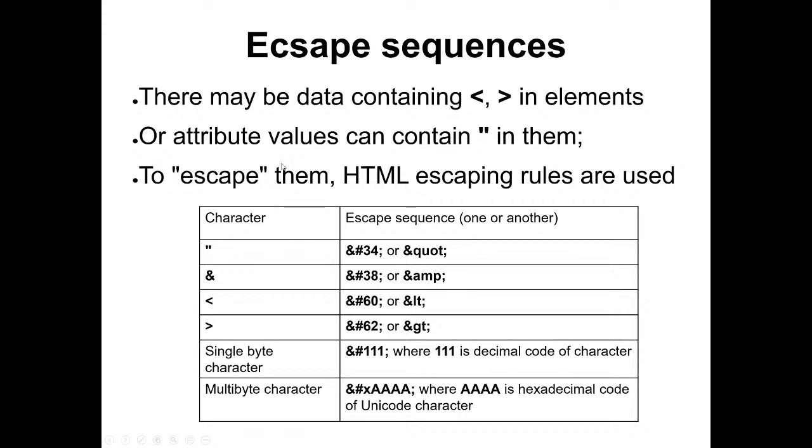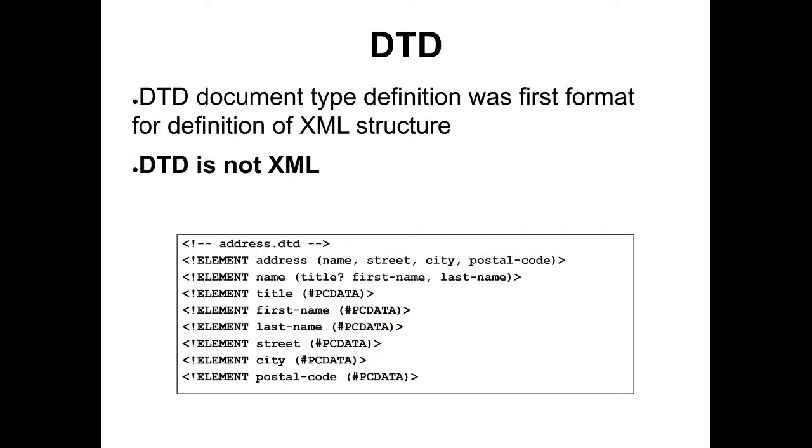Again, the attribute values can contain brackets and some marks, and you can just use these escape characters to define them.